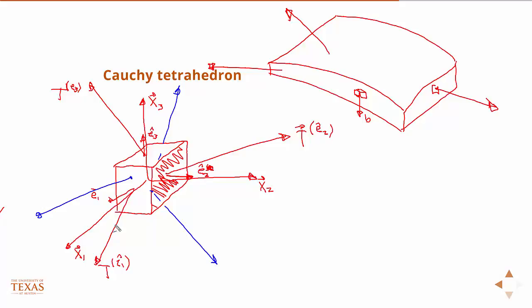The last thing I'm going to draw on this figure, and then we'll get rid of it, is that now I want to slice my little cube into a tetrahedron. So I'm going to take a slice like this across my cube.